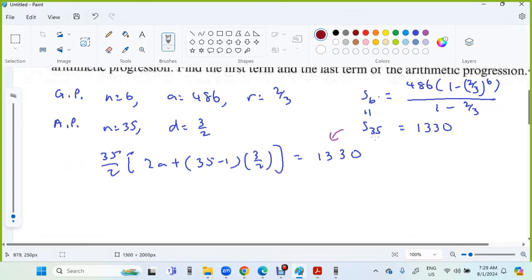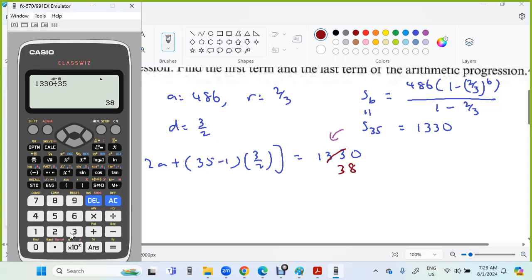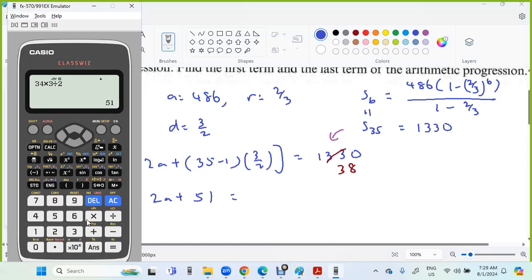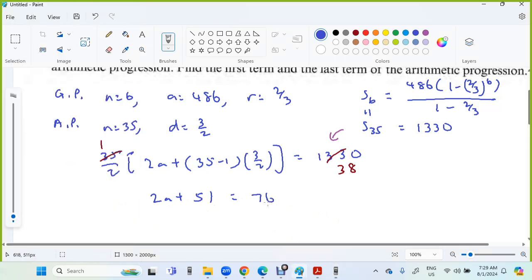So we can cancel here. This one is 1, this is 38. And then we have 34 times 3 divided by 2 is 51. Okay, so we have 51, 2a plus 38 times 2 is 76.